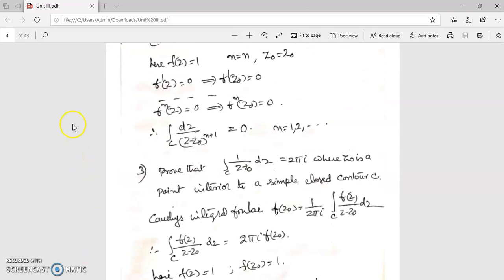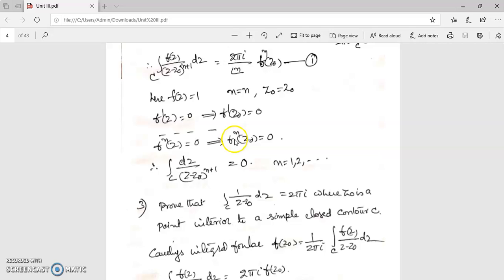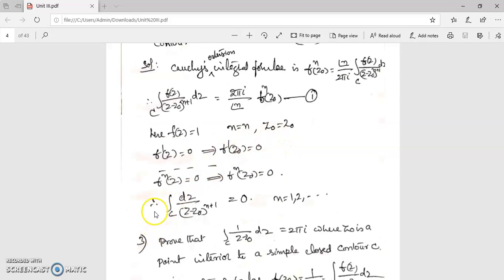Therefore, we find fz is equal to 1, that is f dash z is equal to 0, and f double dash and all further differentiations will become 0. Therefore, f dash z0 is equal to 0, and f nth differentiation at z is equal to z naught is equal to 0. Therefore, substituting in the integration formula 2 pi I into factorial n, the nth differentiation is here 0, so this will become 0.